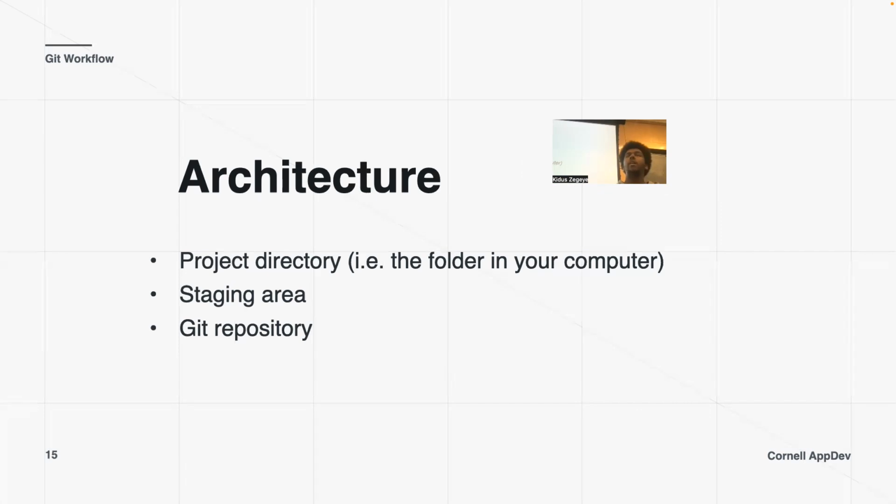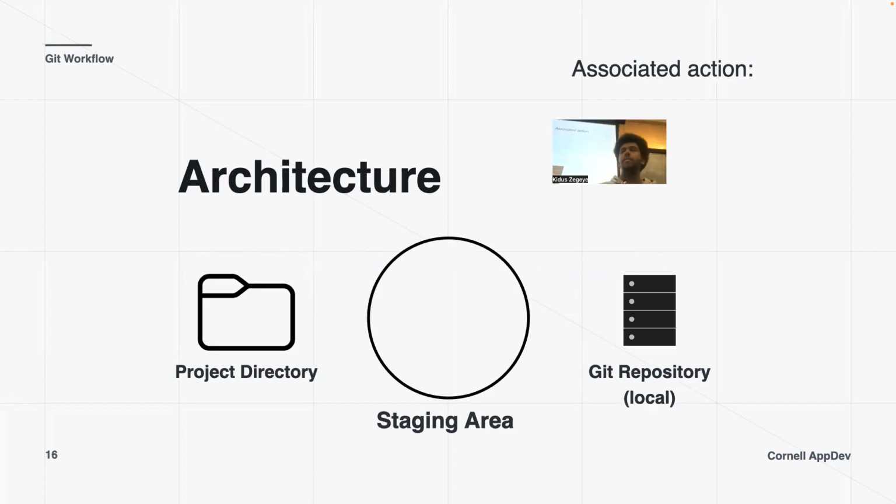If you have a Python project, you might have a source folder, then your app.py, and your requirements.txt and so on. But with Git you also have a staging area, and you can add files that you edit onto your staging area to be prepared to be committed. Once you commit a file in your staging area, it gets saved in your local repository.